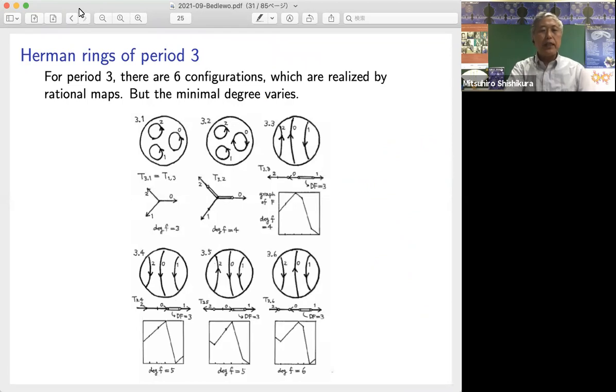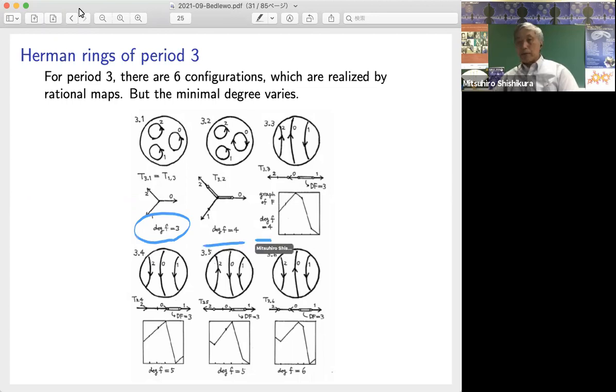For period 3, if you indicate the orientation of the invariant curves, there are essentially 6 configurations up to reversing the orientation of the invariant curves. And all these configurations can be realized, but this is the only type that can be realized by a degree 3 rational map.